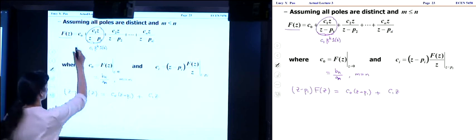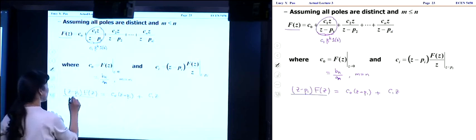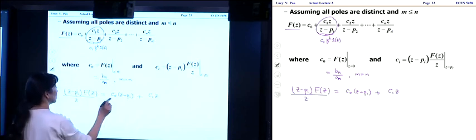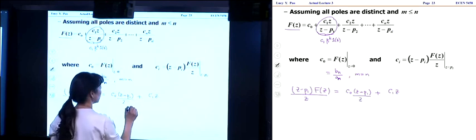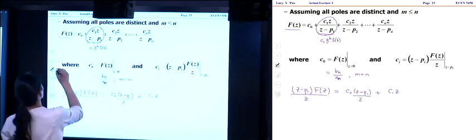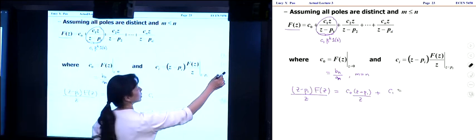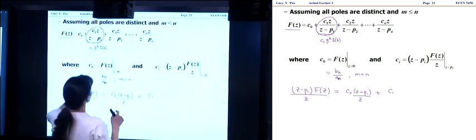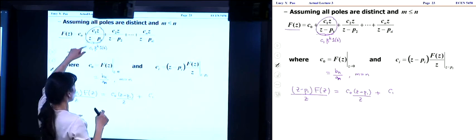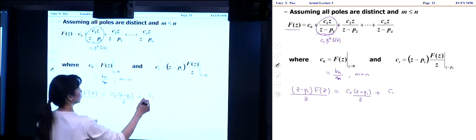Well, actually, let's go ahead and do it. So multiply by z minus p1 over z. So this one will have it over z, and then we'll get rid of that. So this term multiplied by z minus p1 over z gives us just c1.